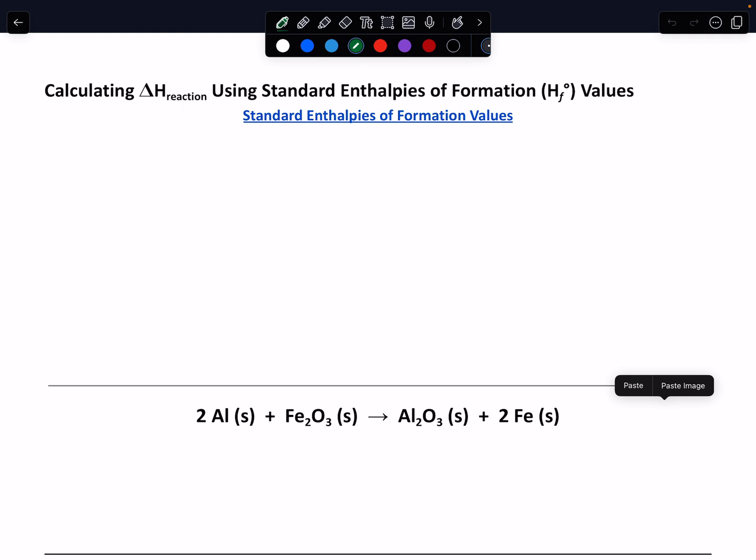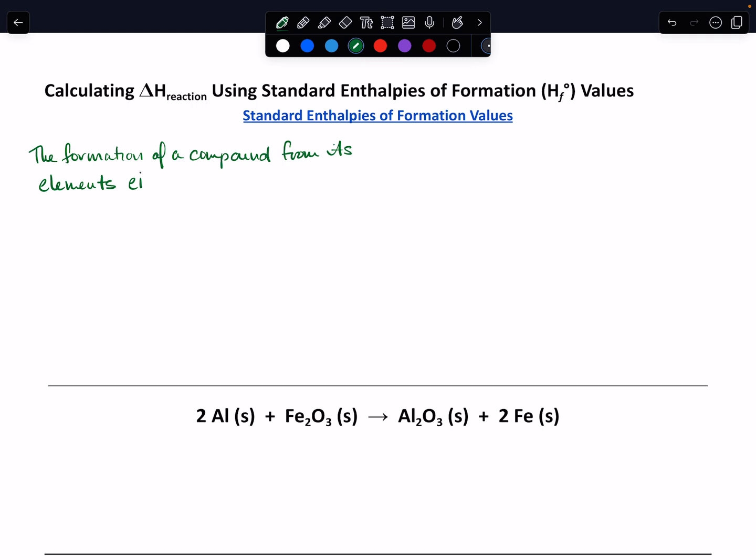All right, so we know that the formation of a compound from its elements requires an energy exchange, and it's either going to release or absorb energy. If it releases energy, then the surroundings will increase in temperature. If it absorbs it, the surroundings will decrease in temperature.